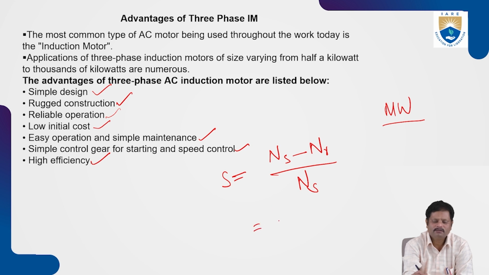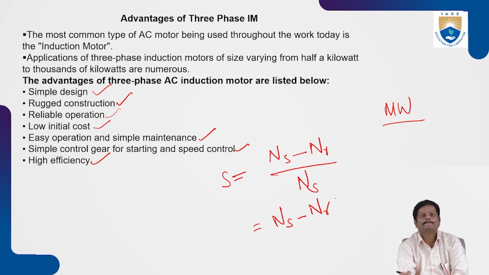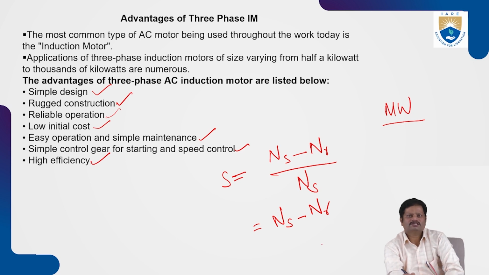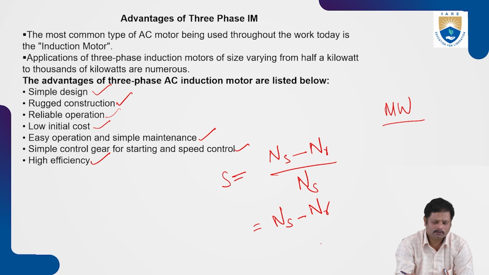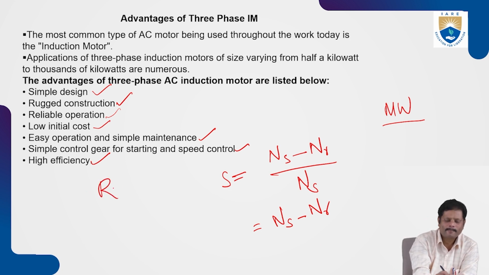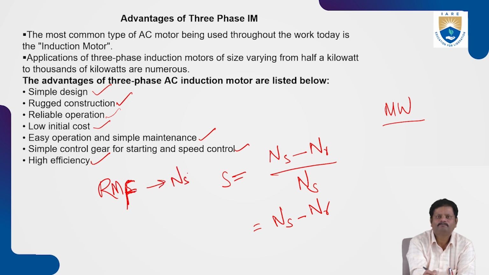The difference between the rotating magnetic field speed and the actual rotor speed is called the relative speed. The stator produces a rotating magnetic field at synchronous speed.